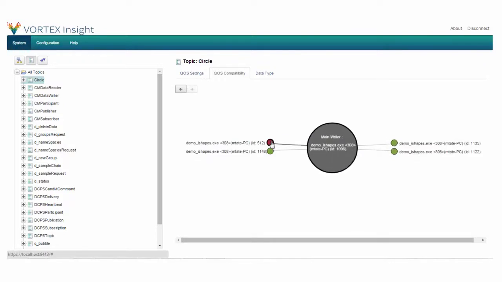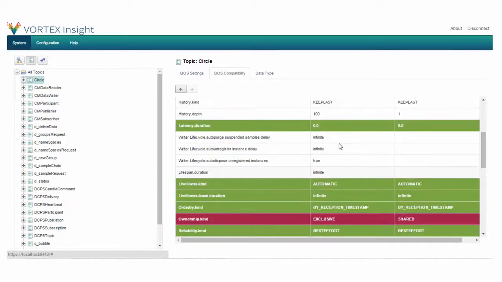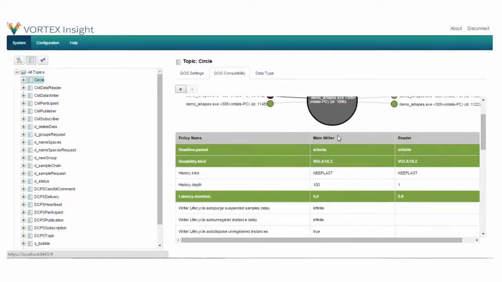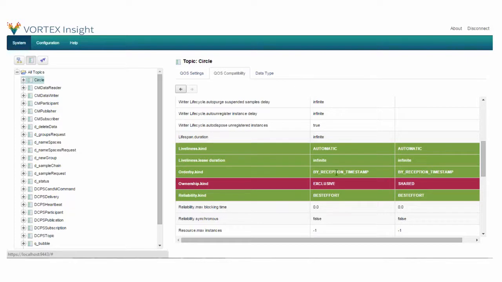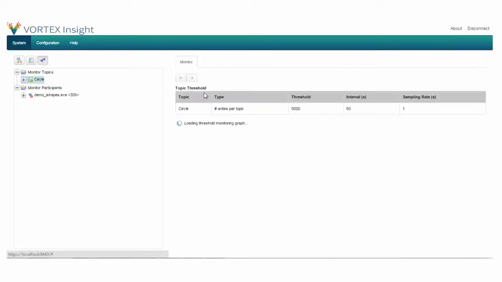And clicking on the specific connections allows us to see a QoS comparison table where only compared QoS are highlighted in either green or red, where green is used to indicate matching policies and red mismatching policies, in this case the ownership kind.